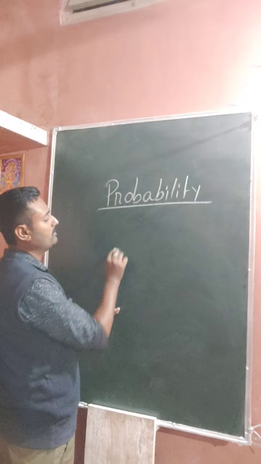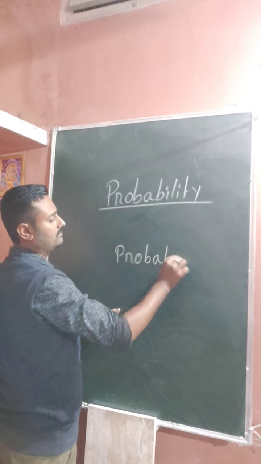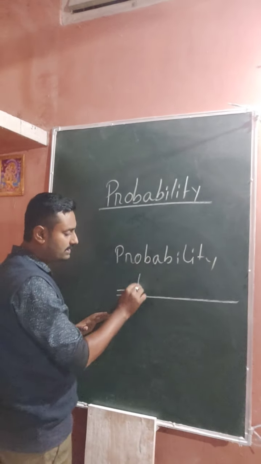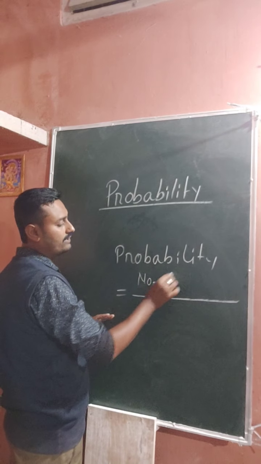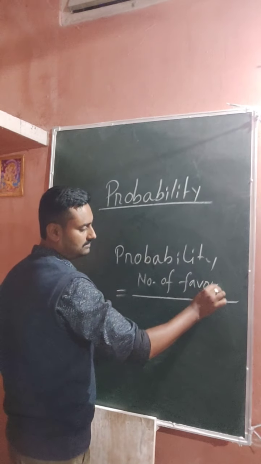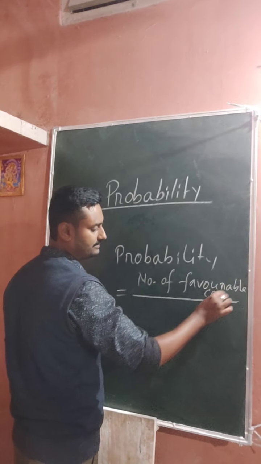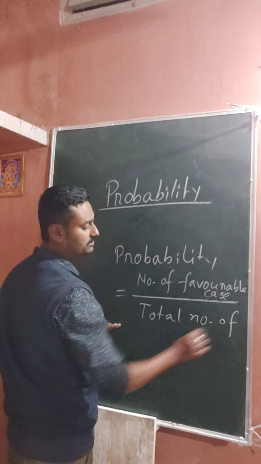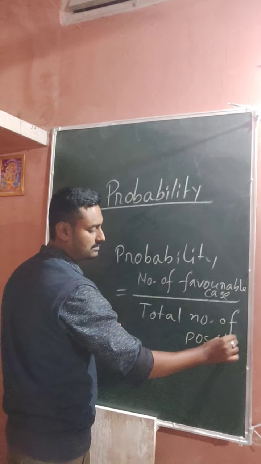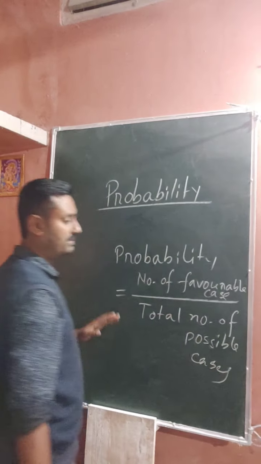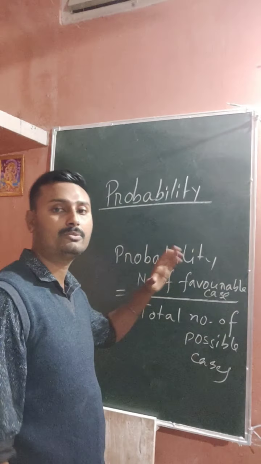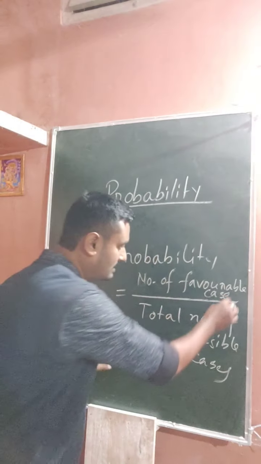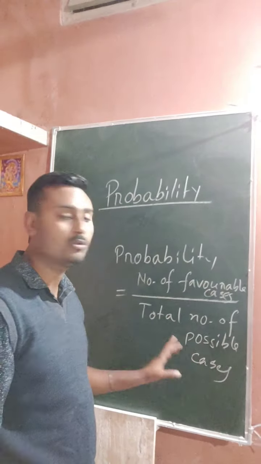Mathematically, probability is a fraction, where the numerator is the number of favorable cases and the denominator is the total number of possible cases.